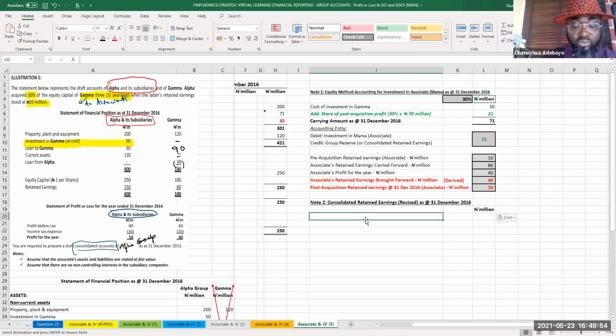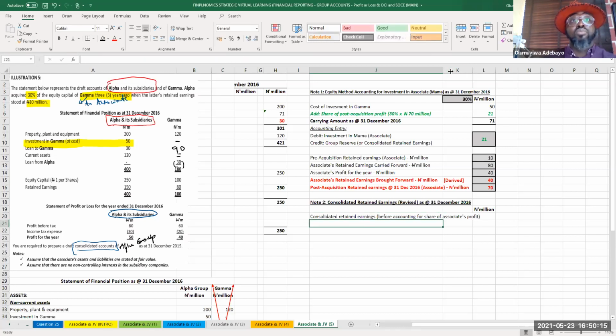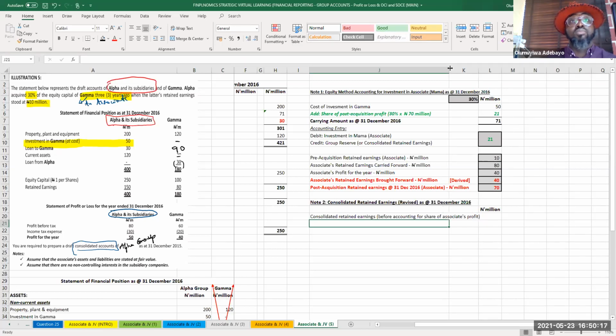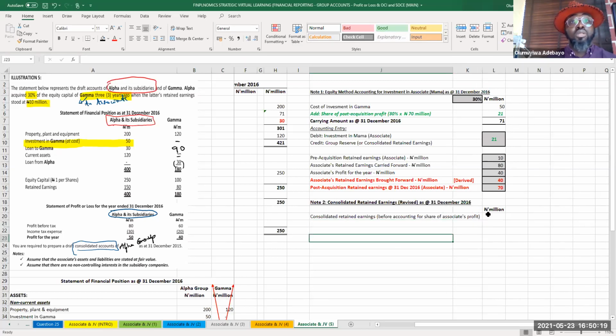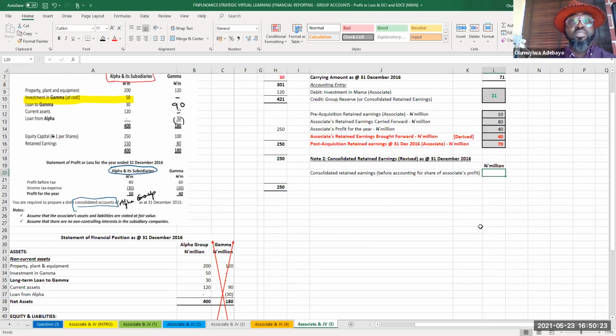Now, consolidated retained earnings before accounting for share of associates' profits. That was the 150 we have, this 150.